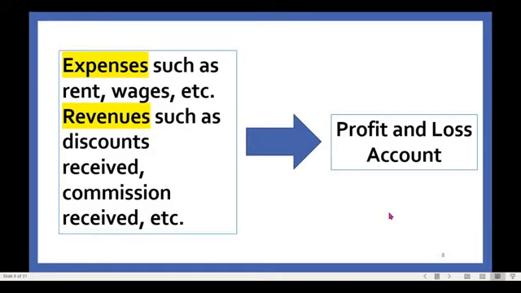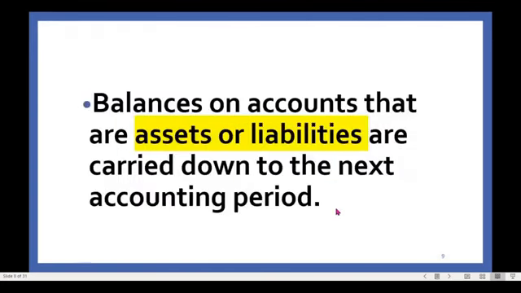Income or revenue accounts include items such as rent revenue or rent received, commission received, and discount received. Balances on accounts that are assets or liabilities or owner's equity are carried down to the next accounting period.